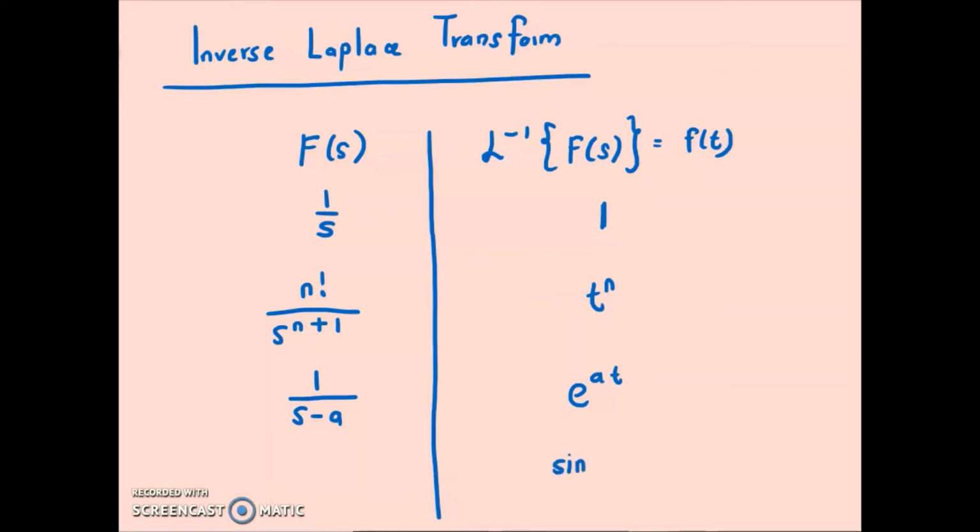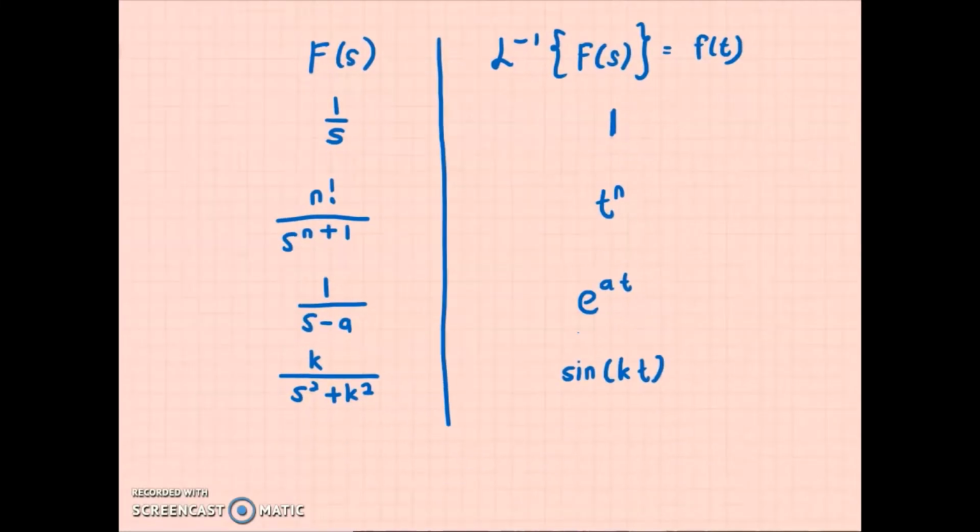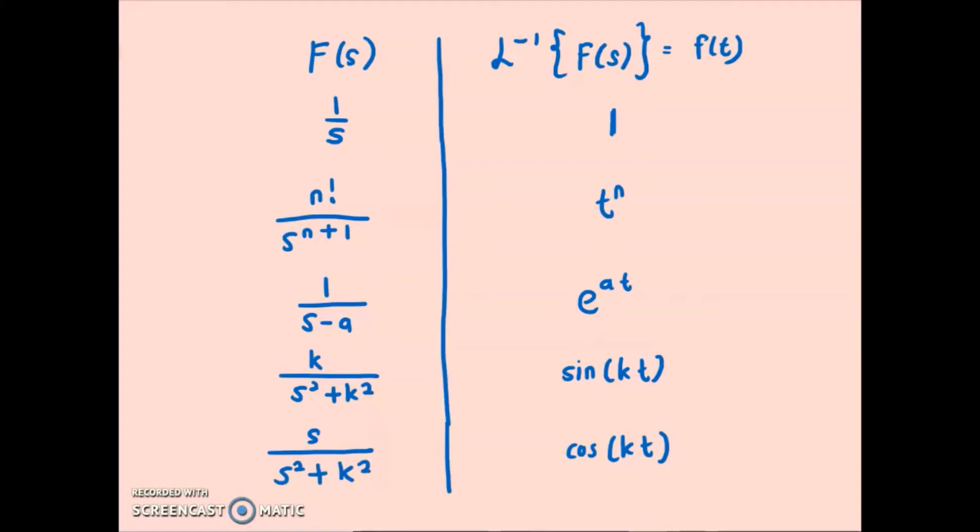Similarly, the Laplace transform of sin kt is given as k over s squared plus k squared. This means that the inverse of k over s squared plus k squared will give you sin kt. For cos, the Laplace transform of cos kt is s over s squared plus k squared, so the inverse of this will give you cos kt.